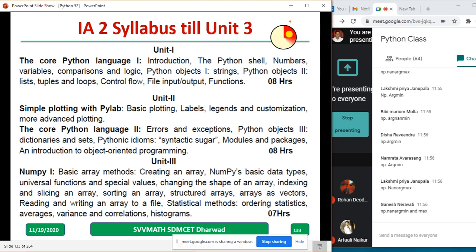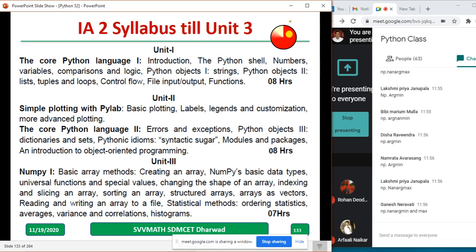The portion after the first IA up to Unit 3 histograms we'll keep for IA2. Whatever we discuss after this, Unit 4 and 5, we'll keep for IA3.